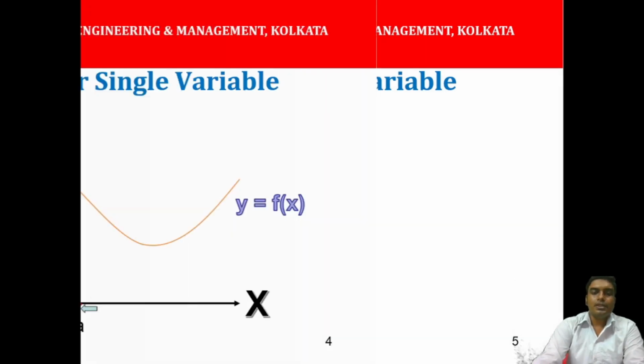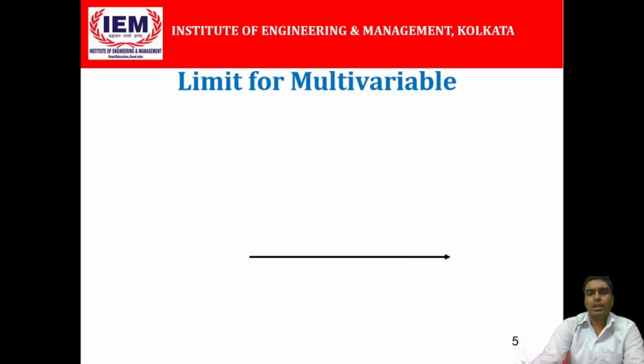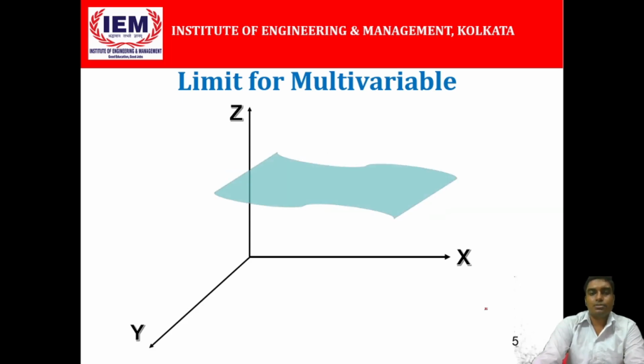Now, in the case of multivariable, if I see the 3D plot, you have x and y, two independent variables, which I plot in the horizontal plane, and z on the vertical axis. Suppose there is one surface. As we are talking about multiple variables, you will get a surface, and let the equation of the surface be z equal to some function of x and y.